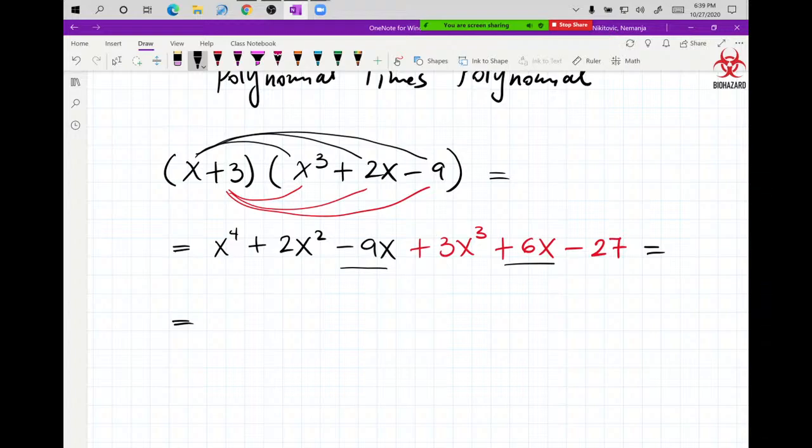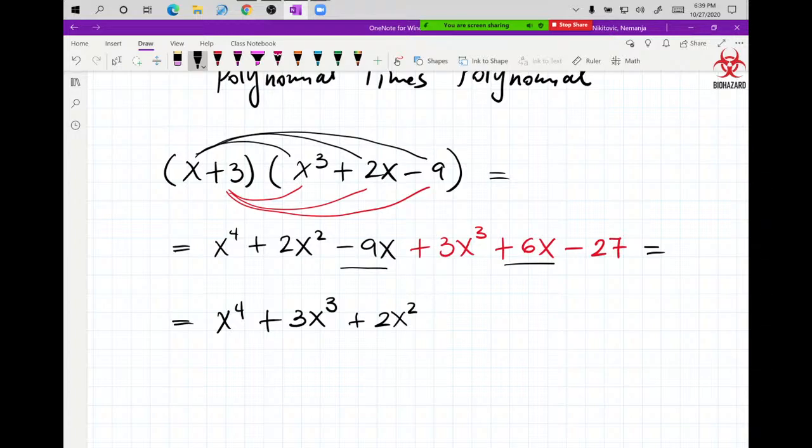What's first? x to the fourth. Followed by plus 3x to the third. Good. Followed by 2x squared. Perfect.